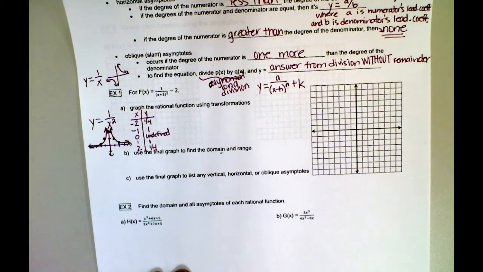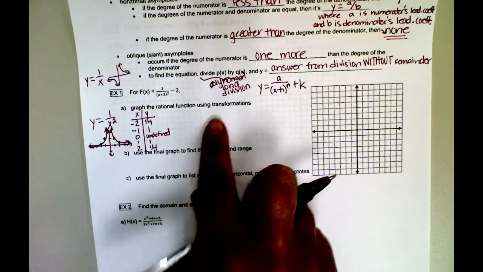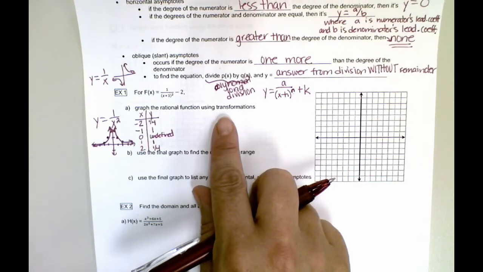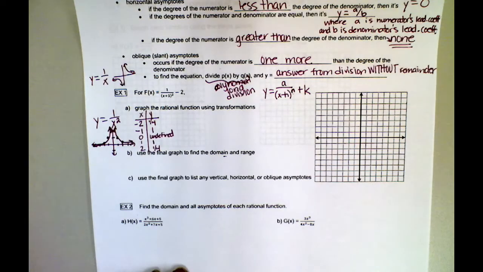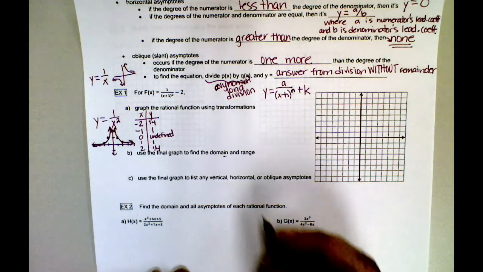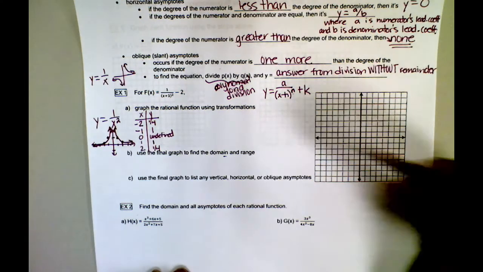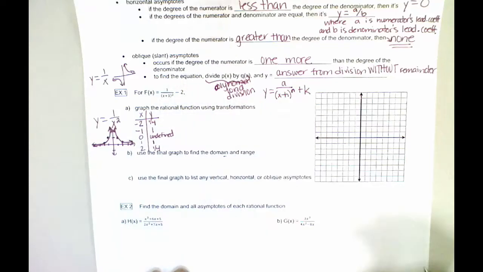So, graphing my rational function using transformations. If it said show each stage, you would want to make sure to do that. In this case, it doesn't. So if you wanted to just write out the transformations and move these points that way, you could.